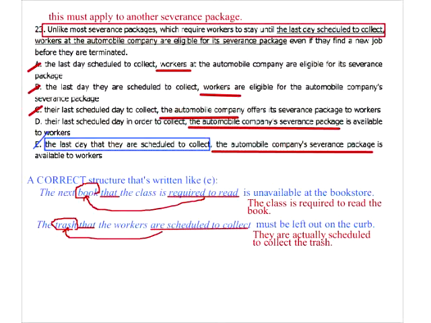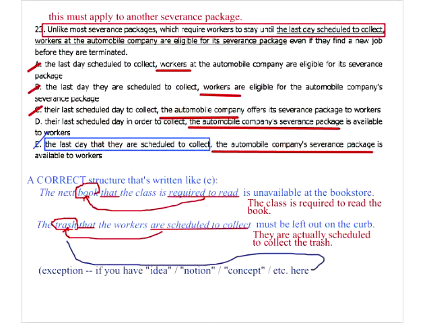The one exception to this structure that I can think of right now is if you have idea or notion or concept, etc. here in this spot. Let me give you an example of that.